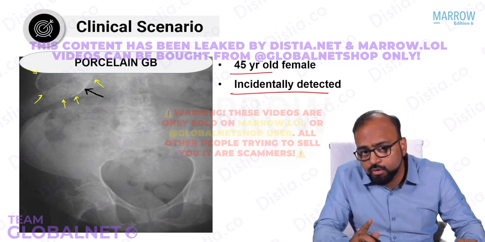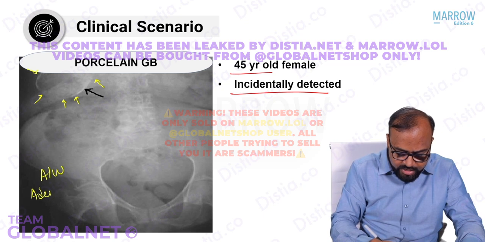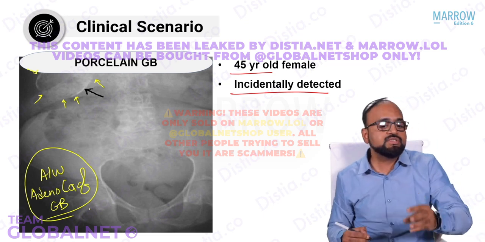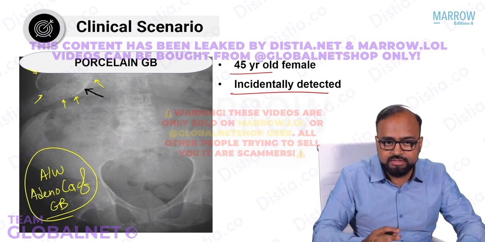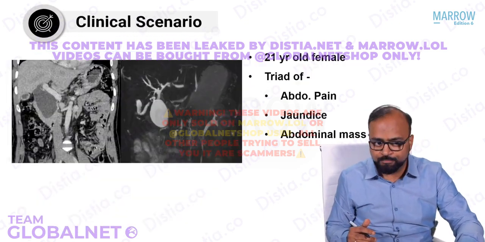Now one important association is that a porcelain gallbladder can be associated with adenocarcinoma of the gallbladder in the long term, and therefore once we see this finding, usually cholecystectomy is performed for this particular reason. Okay, this is one association of porcelain gallbladder that I want you to know.